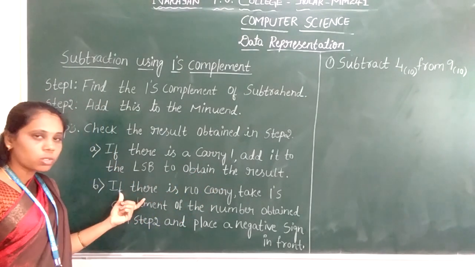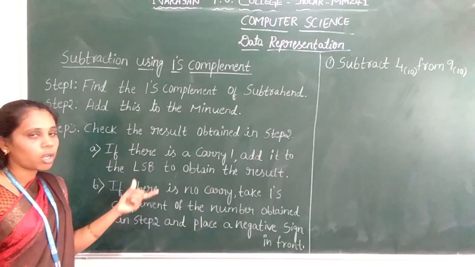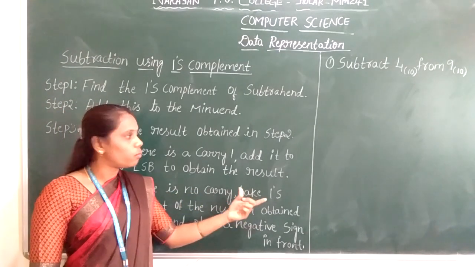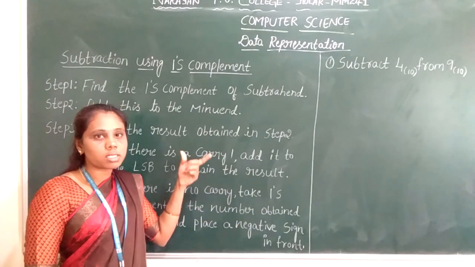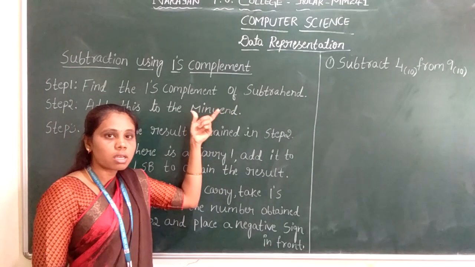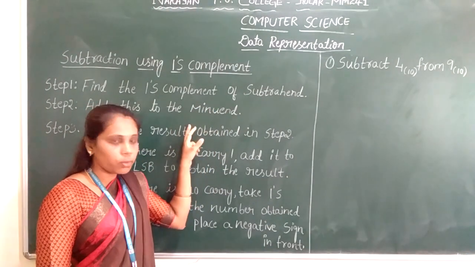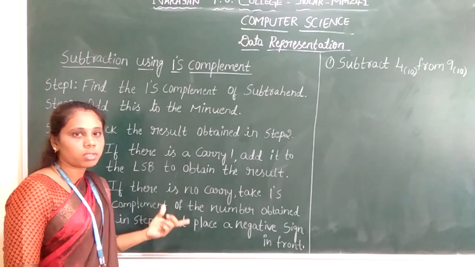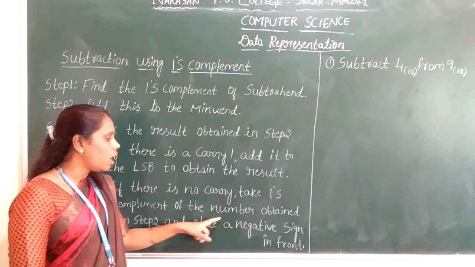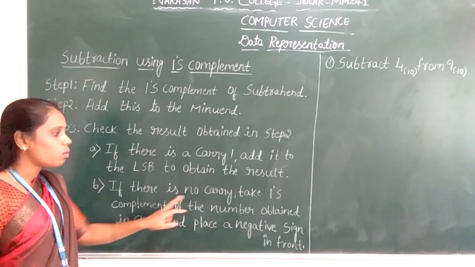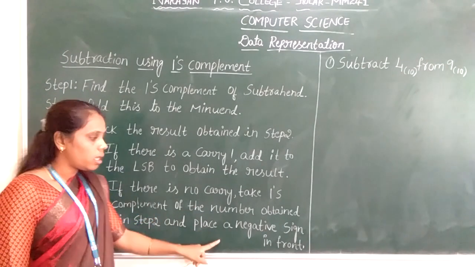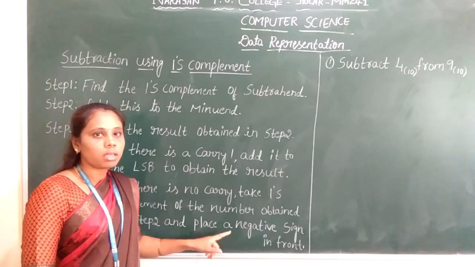Next, sometimes a carry will not be generated. In that case, take the 1's complement of the obtained result, and next place a negative sign in front of that number.